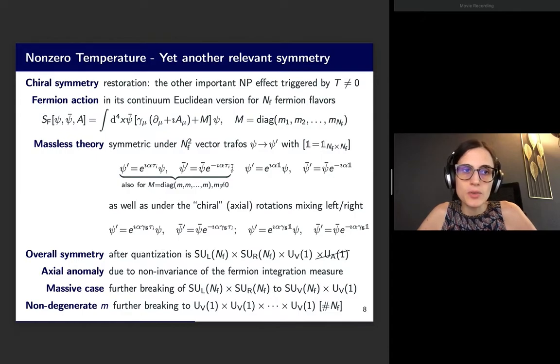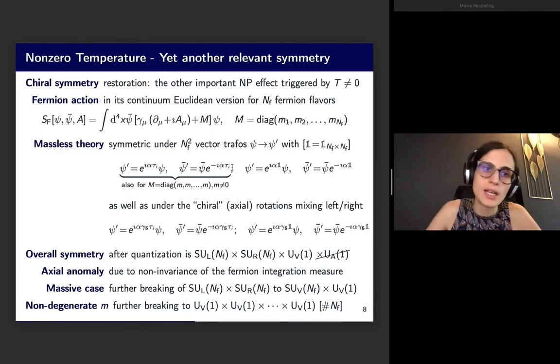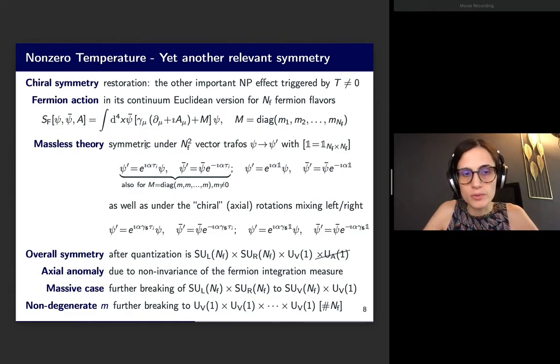To understand that, you want to look at the fermionic part of the action, and we can simply look at its continuum Euclidean version when we have N_F fermion flavors in our theory, and then we have this expression, and then we want to focus on some global symmetries of this fermionic action, in particular those connected with vector and axial rotations of the corresponding spinors.